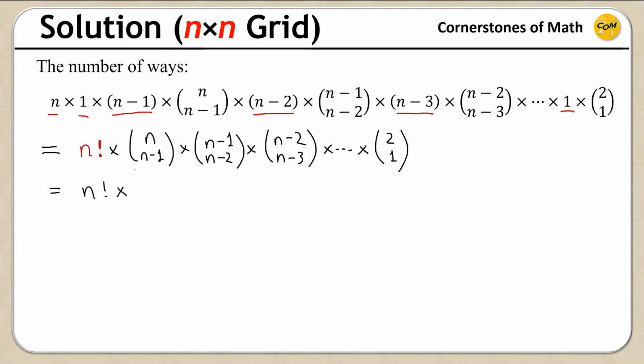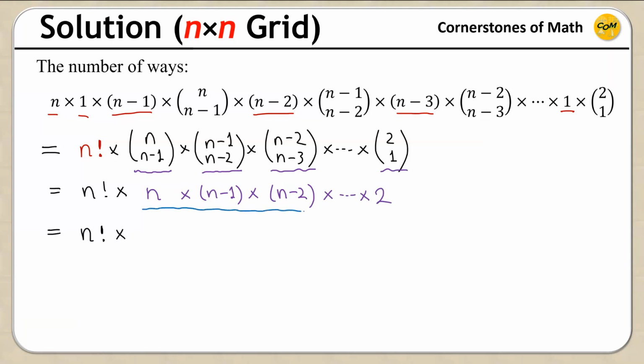Here, n choose n-1 is n, n-1 choose n-2 is n-1, n-2 choose n-3 is n-2, and 2 choose 1 is 2. Therefore, this part becomes n factorial, so we obtain the result n factorial squared ways.